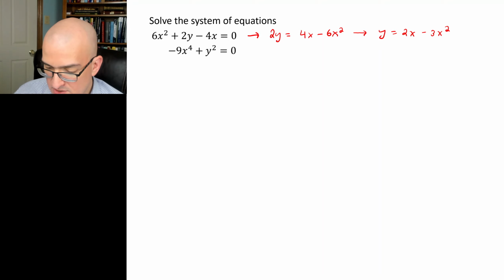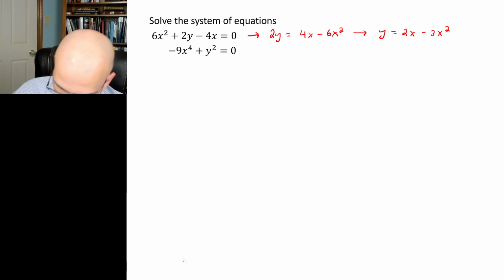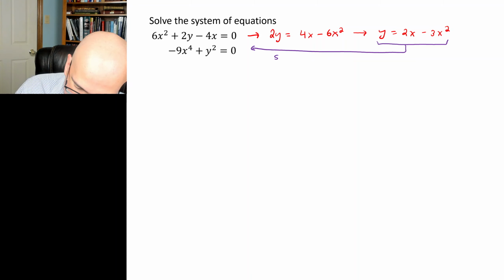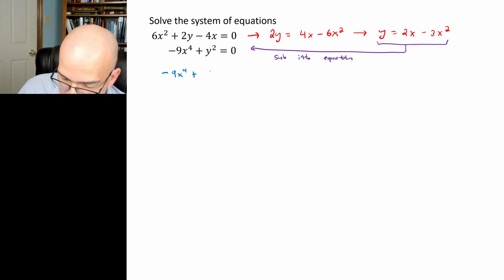What we can do with this is we can substitute it into the second equation. So I'll do that here. We have minus 9x to the power 4 plus y squared, so plus (2x minus 3x squared) all squared equals 0.